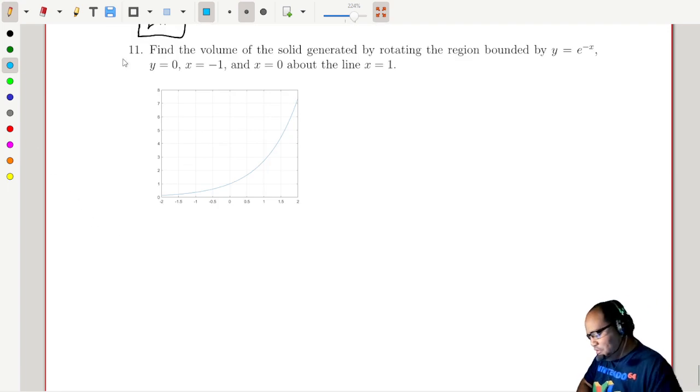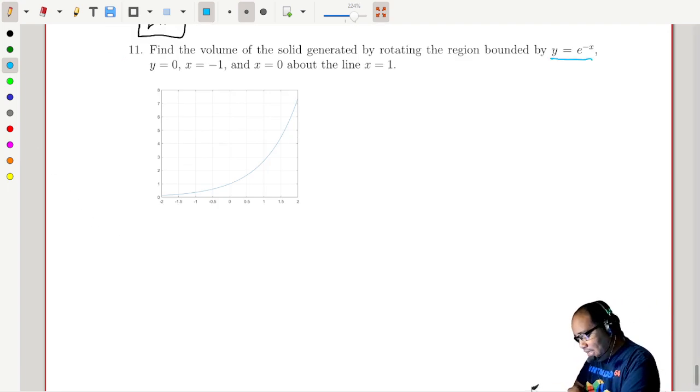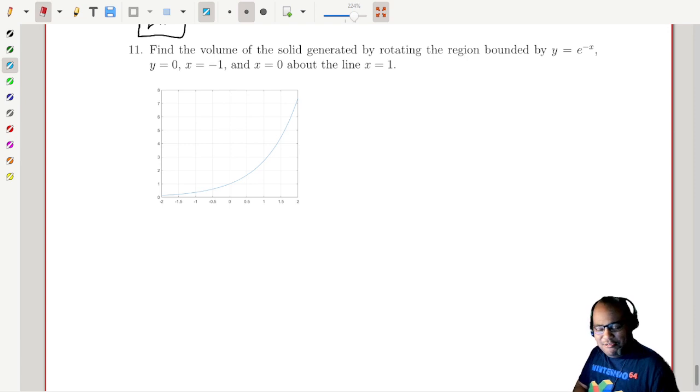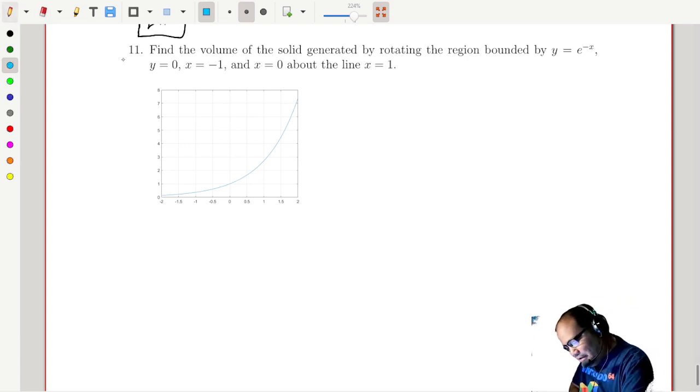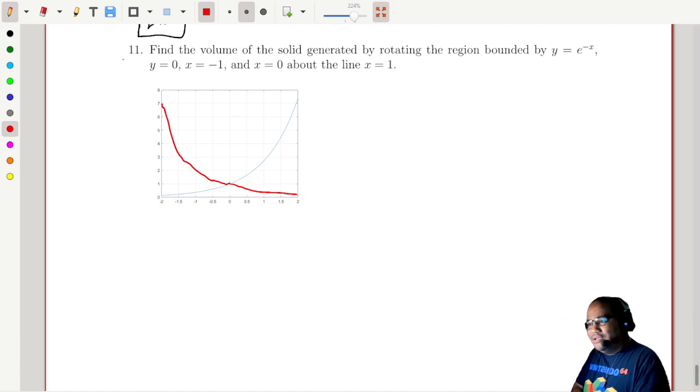Okay, we have an exponential here in blue. Y equals e to the minus x, which I just realized I graphed backwards. Because I'm not going to go ahead and do this again, let's go ahead and change the color here. Make this red, say. Something like that. So y equals e to the minus x.